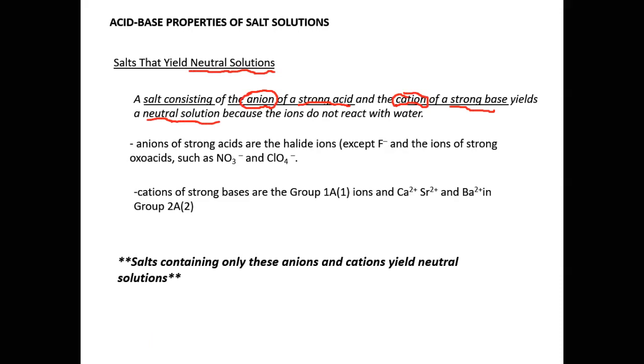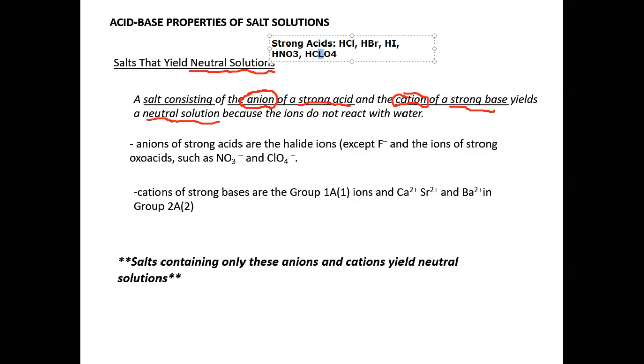And so what are the strong acids? These are the strong acids, except sulfuric acid. If you've forgotten, just to refresh, we're talking about HCl, HBr, HI, HNO3, HClO4.